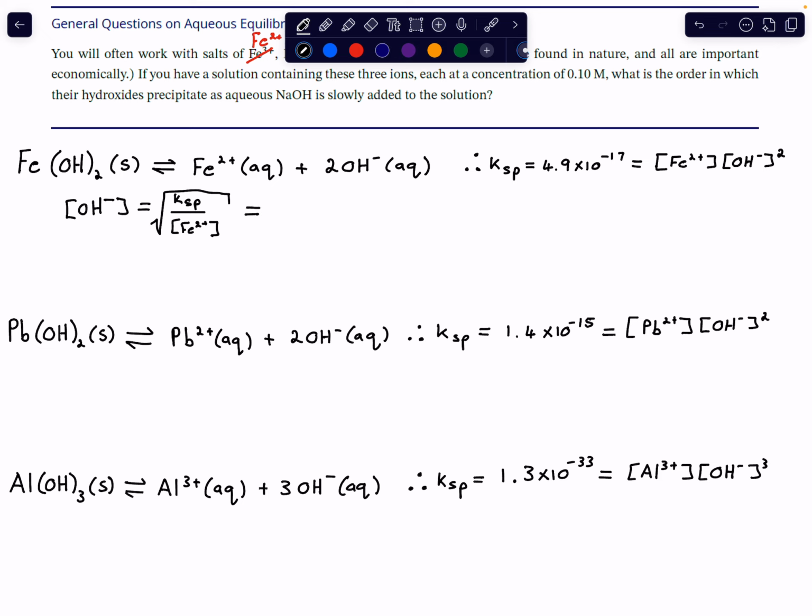So you can put in those values, and iron 2+'s concentration, of course, is 0.1.